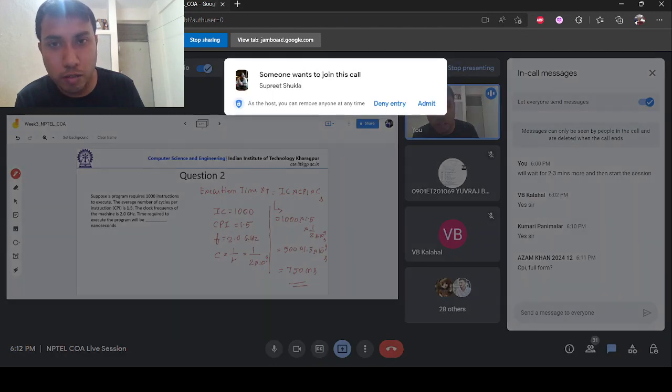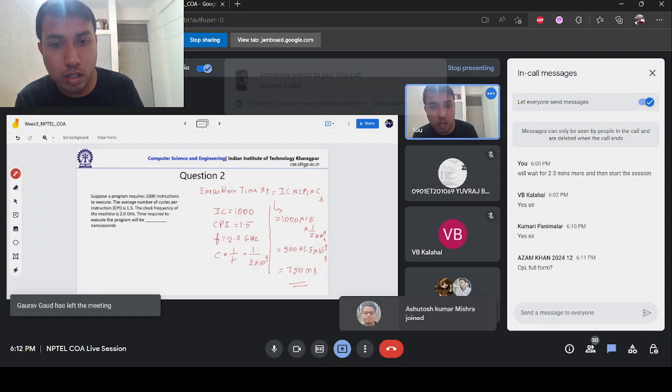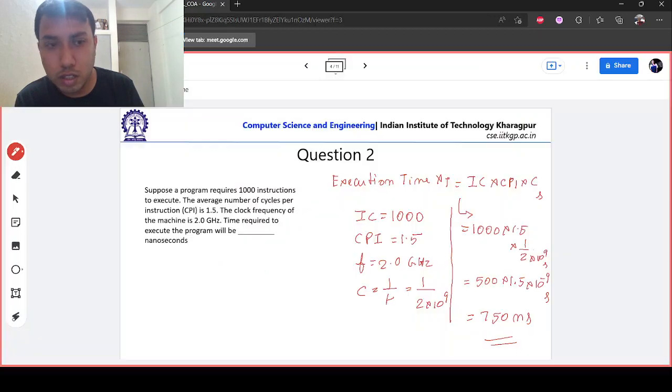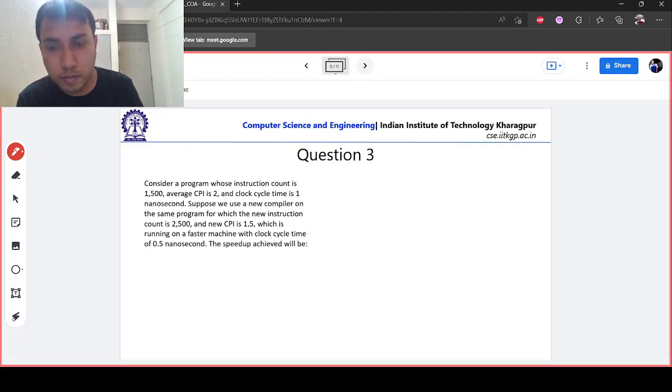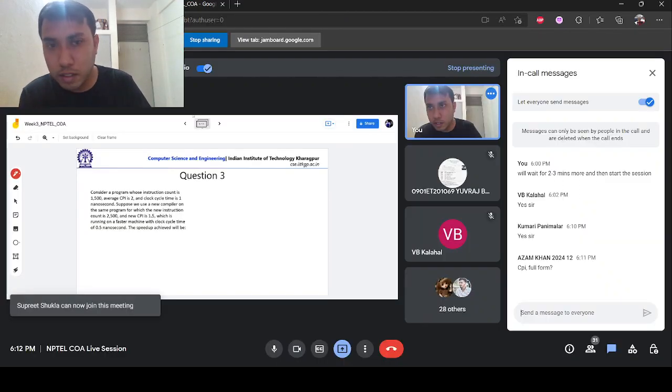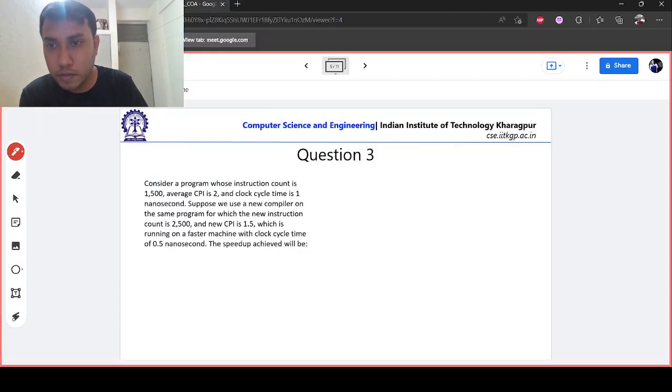Okay, so I'm moving to the next problem. The question is, consider a program whose instruction count is 1500. Average CPI is 2, and the clock cycle time is 1 nanosecond.